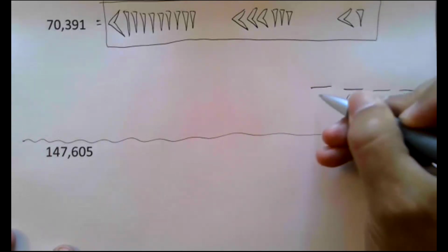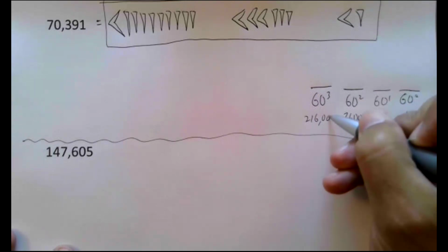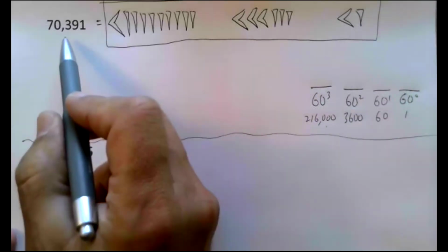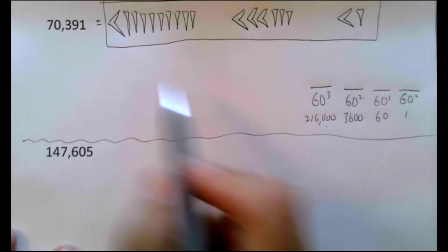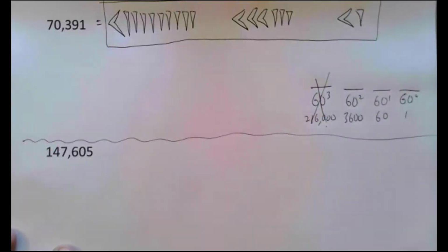And then once I hit an answer that's bigger than the number I'm dealing with, so 216,000 is bigger than the number I'm dealing with, I say, okay, I'm not going to need that one. I don't need to divide by 216,000, but I do need to divide by 3,600. So that's what I'm going to do. That's how I would do the problem. That doesn't mean you have to do it that way if you can come up with your own way.